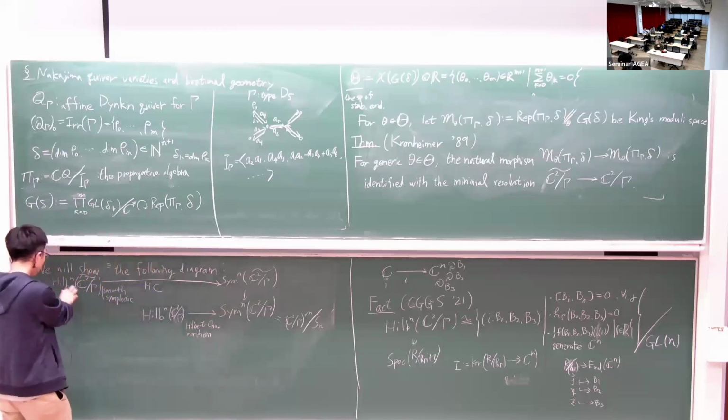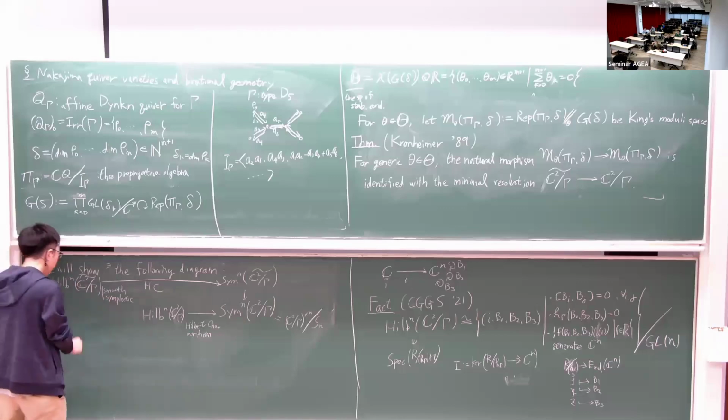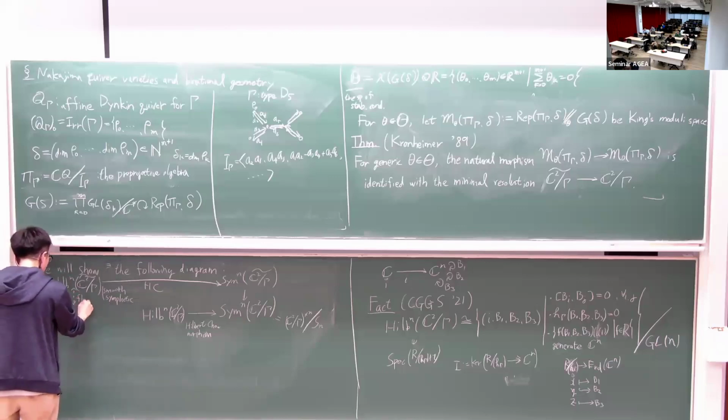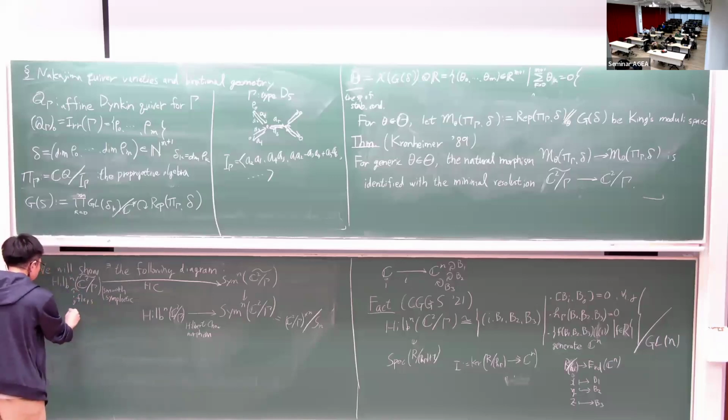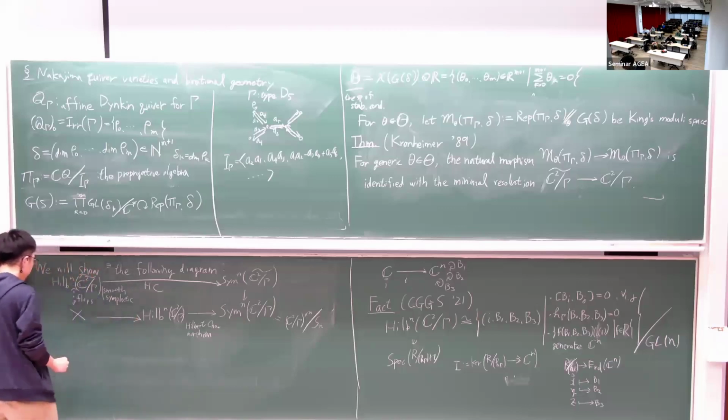But usually we don't have a morphism from here to here because taking the Hilbert scheme is not functorial. But if we apply certain operations, so-called flops, we get another symplectic manifold X, and also we have a regular morphism.